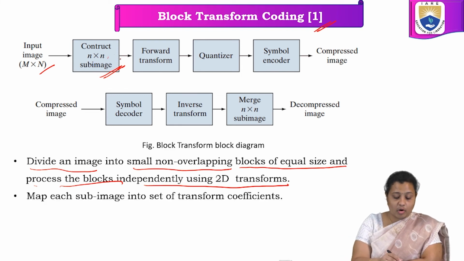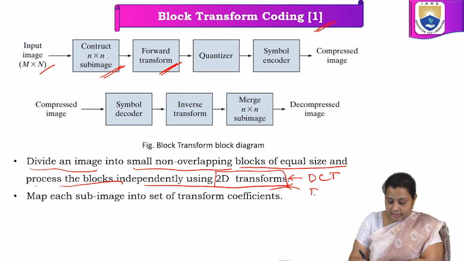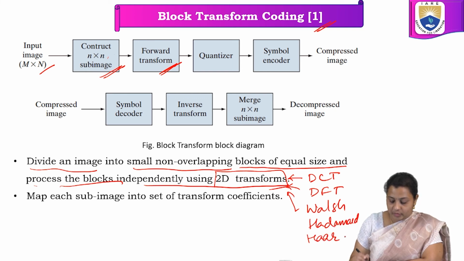Then we perform the forward transform. What is this forward transform? The 2D transforms. How many transforms have we dealt with? We have dealt with DCT, DFT, Walsh-Hadamard, and Haar.